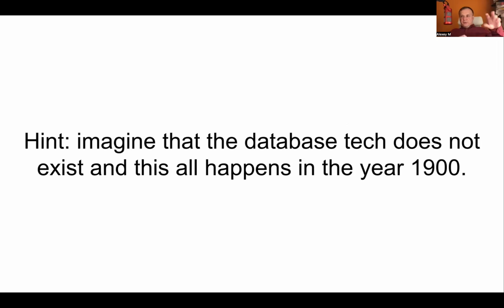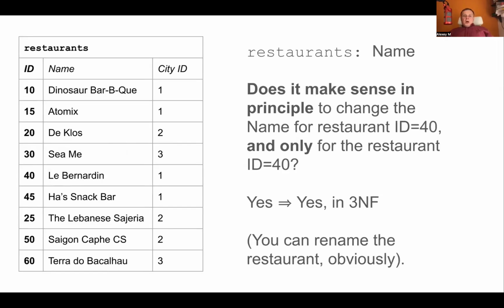And we only have pieces of paper with pens and so on. Let's take a look at the restaurants table. So the primary key is ID. We already know that because either we designed the table like that or somebody told us that.